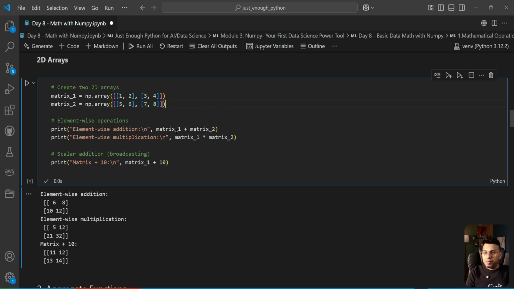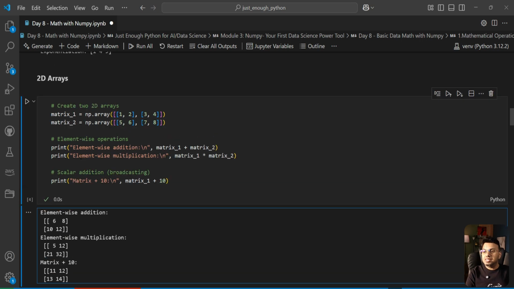And then we are saying matrix 1 plus matrix 2. It will again do element-wise addition. So 1 will get added to 5. 2 will get added to 6. 3 will get added to 7, while 4 will get added to 8. And you get 6, 8, 10, 12. The next is element-wise multiplication, matrix 1 into matrix 2.